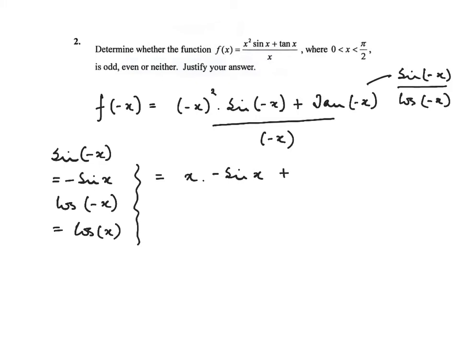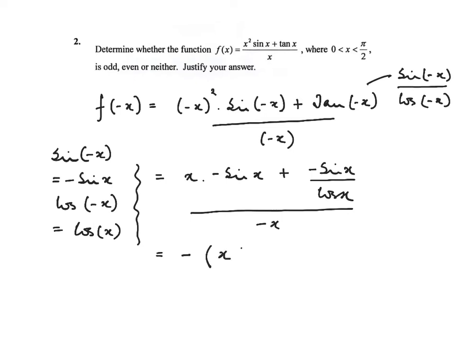So what do we have then? We've got sine of minus x, which is minus sine of x, over the cos of x, all over minus x. Now if I go to the top line and simplify, what I'm going to do is to take out minus 1.